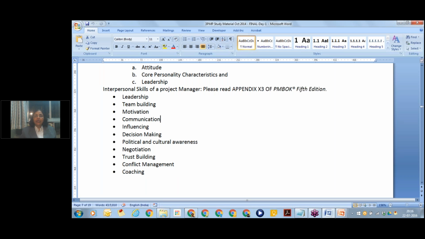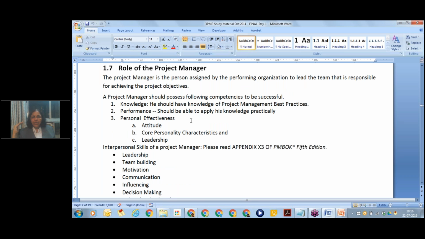So what should a project manager do? What should be his role? So A, he should know managing projects. If you have a person who has zero knowledge of the subject matter, managing a construction project but doesn't know much about construction, knows project management very well. If you have another person who knows the subject matter very well but doesn't have any knowledge about project management, who should be the project manager?